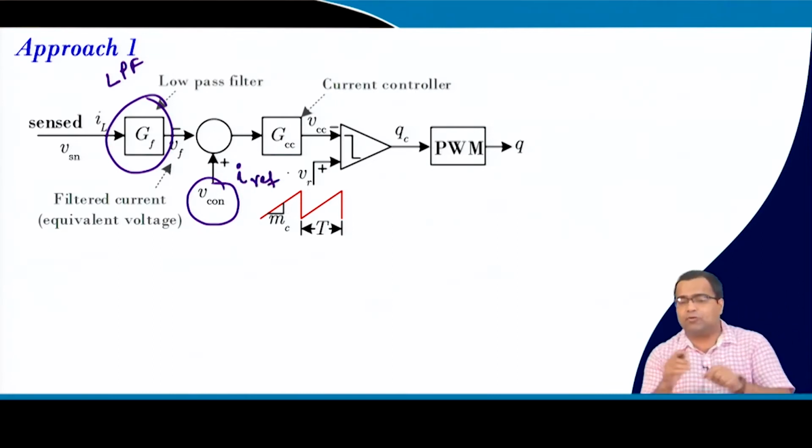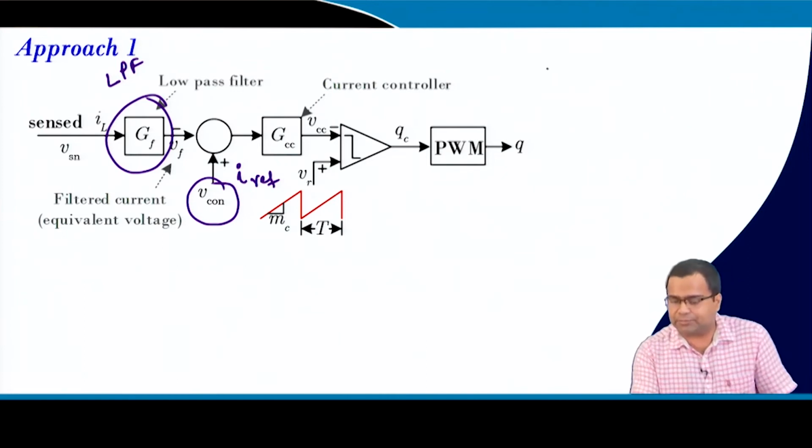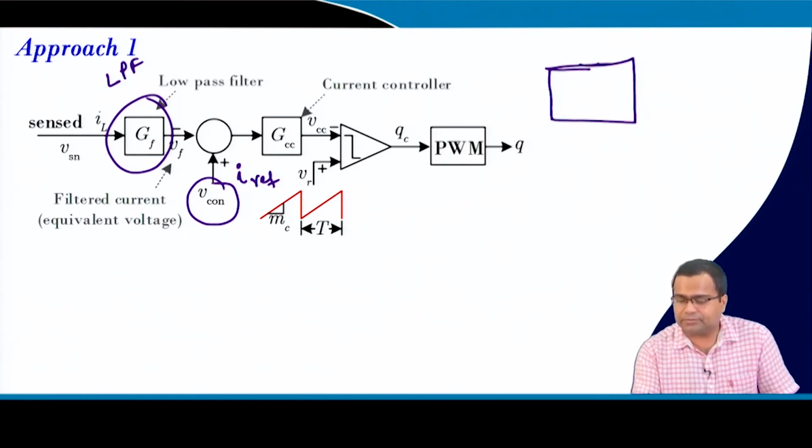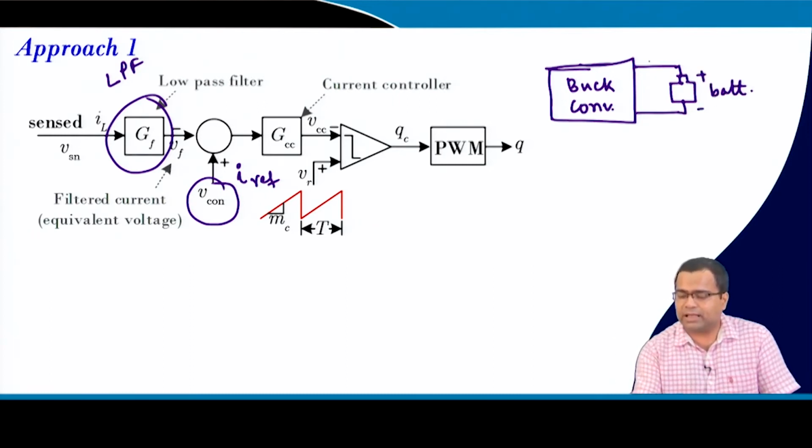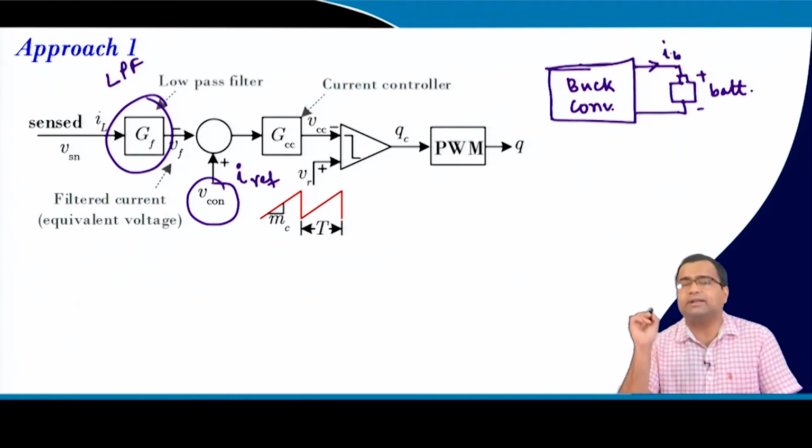For example, if you go for a battery charger, suppose you have a buck converter which is connected to a battery, and the battery is drawing current.